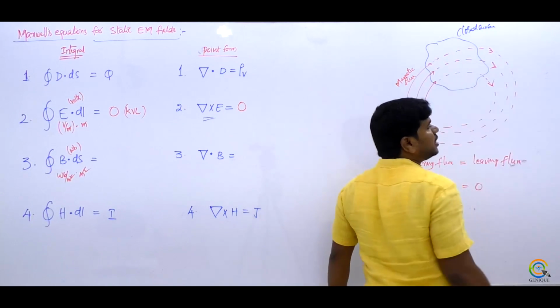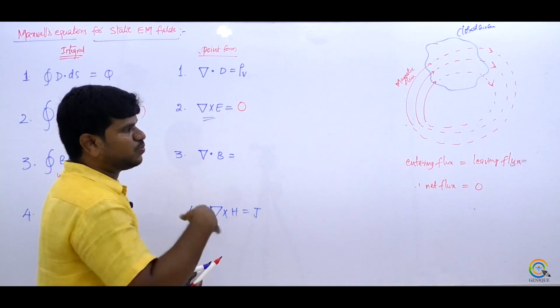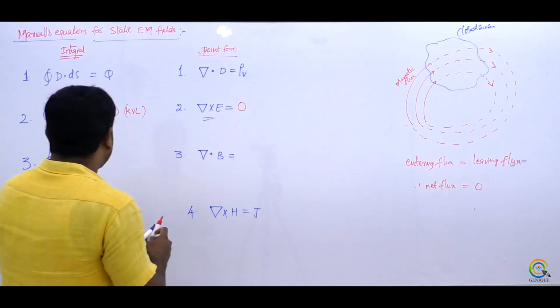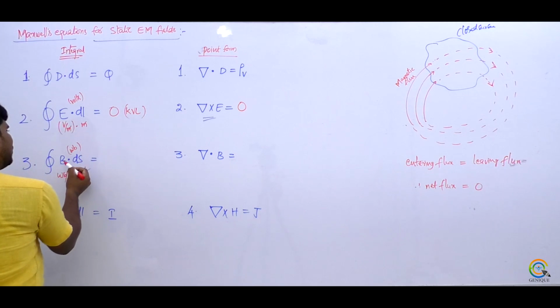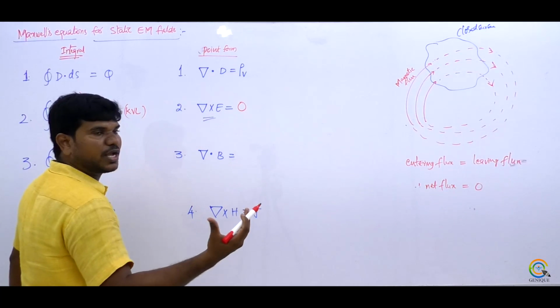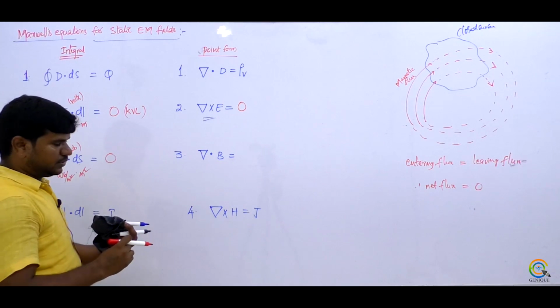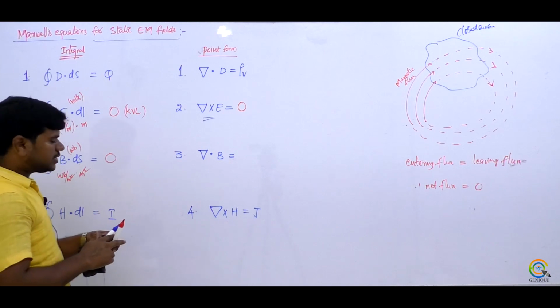One is positive and one is negative. B dot ds represents the magnetic flux, and within the closed surface it is 0.